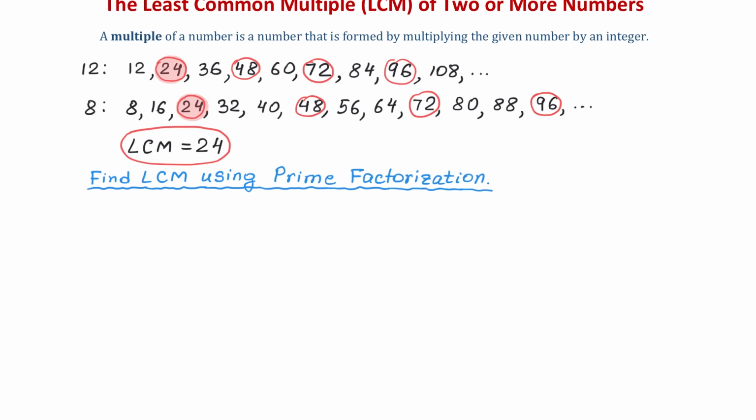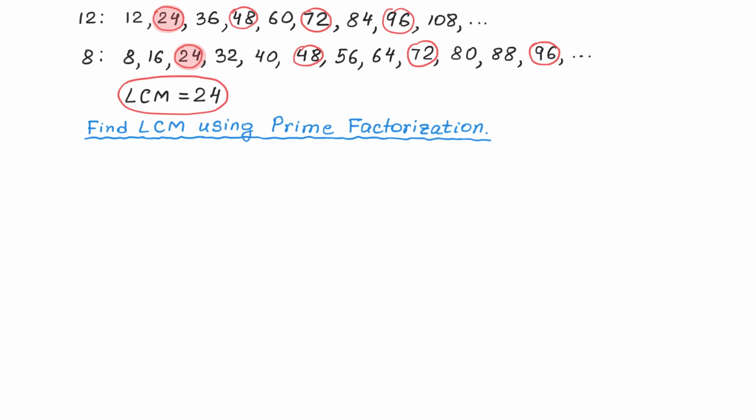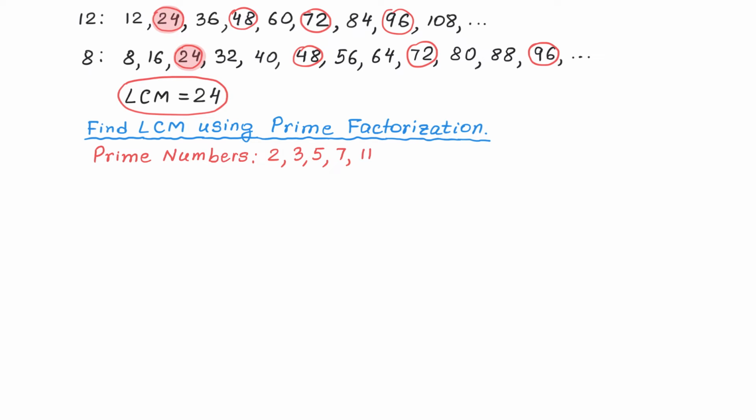First, let's write down the few prime numbers to have them handy when we do prime factorization. The first few are 2, 3, 5, 7, 11, 13, 17, 19, and so on.